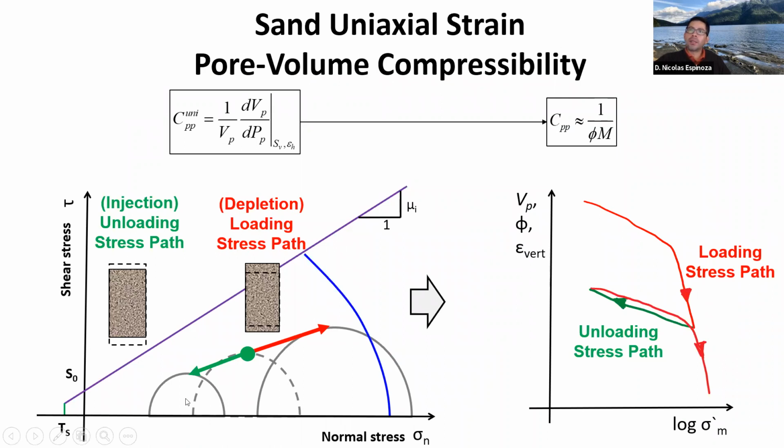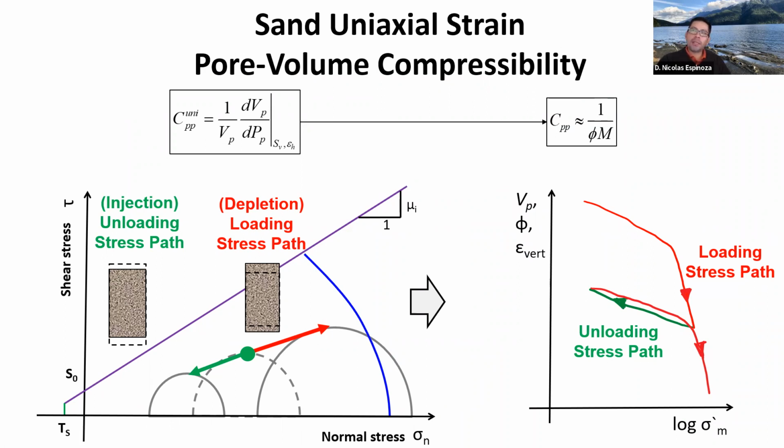So in this case, again coming back to the Mohr circles, in a process of injection, what we want to measure is the compressibility of the rock, but not under depletion, under injection, which is a little bit different than the usual value that we have in oil and gas for depletion.